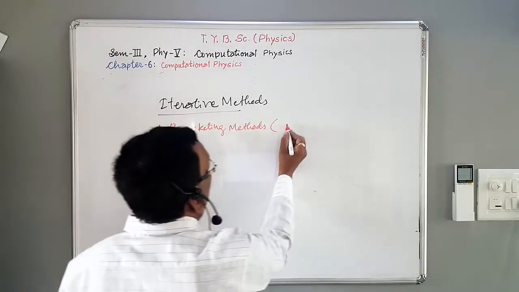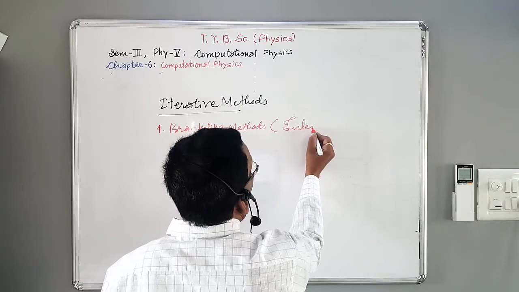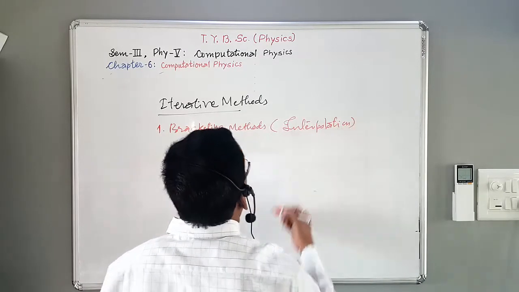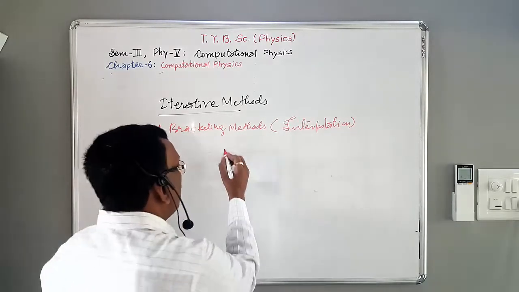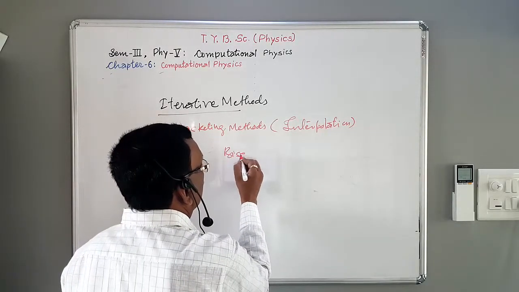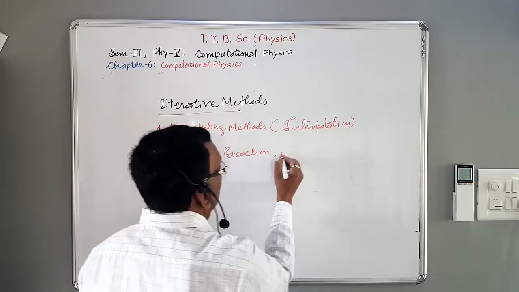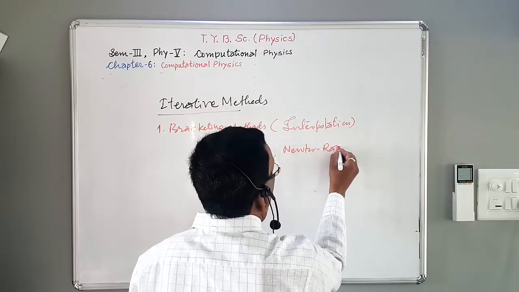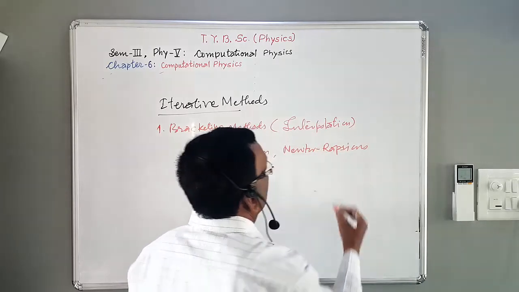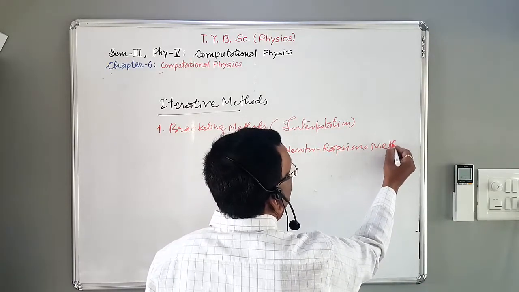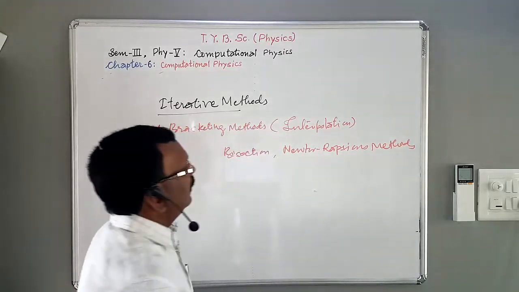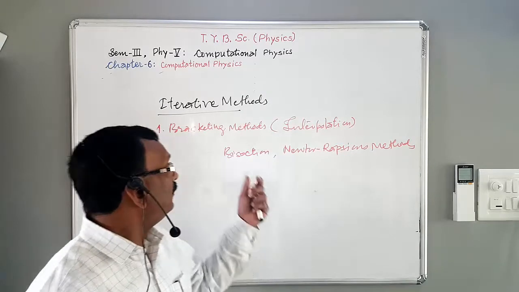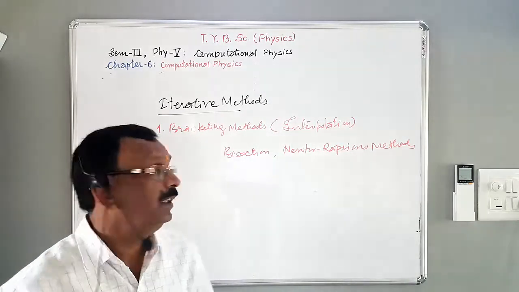These methods are also known as interpolation methods. Bisection method or Newton-Raphson method are examples of these interpolation or bracketing methods. This is the first category of iterative methods.